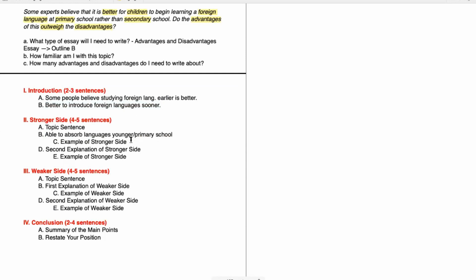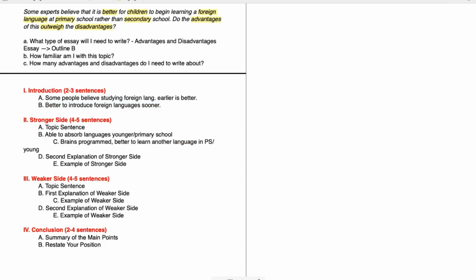And as an example, I'm going to say that children's brains are programmed and it's better to learn another language in primary school when they are young. So notice how I'm using abbreviations here. I'm going to, of course, elaborate more on this in our writing on the right-hand side. The second advantage that I'm going to call upon is more flexibility in scheduling.